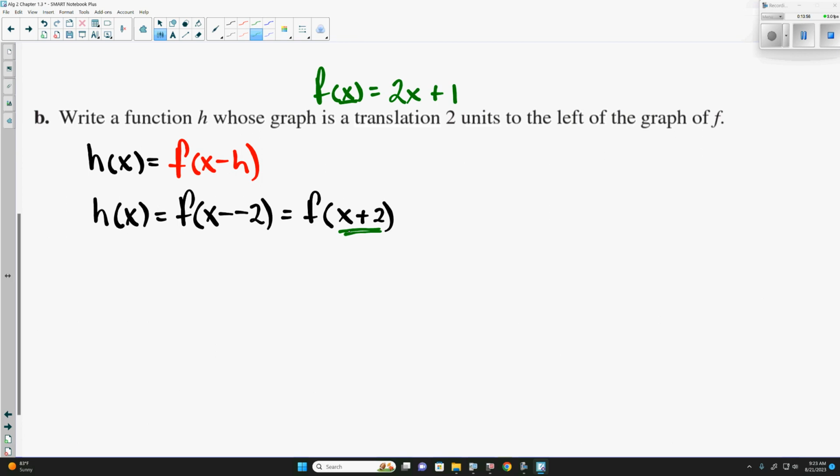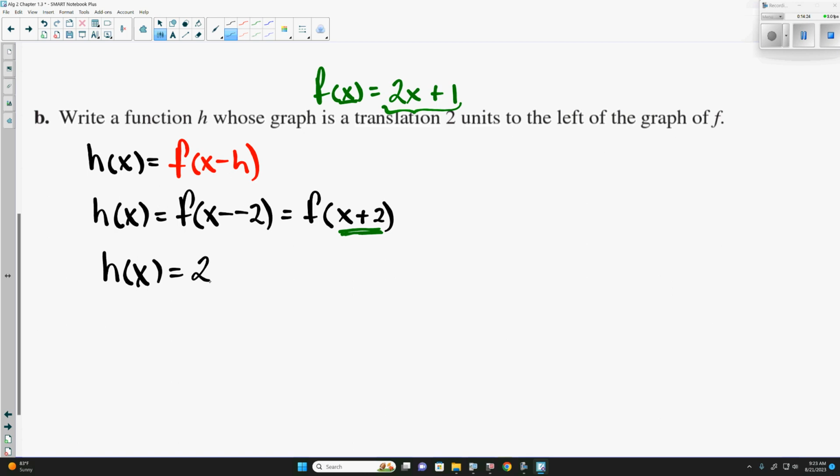So what do we think that means for every x on this side of the equal sign? Exactly. I replaced x inside the parentheses with x plus 2, which means every x in the equation must be replaced with x plus 2. Which means our h of x is equal to 2, because we still have the 2, yes?